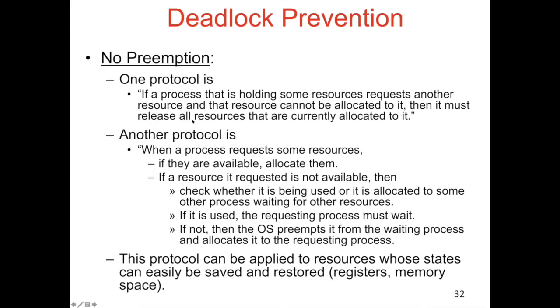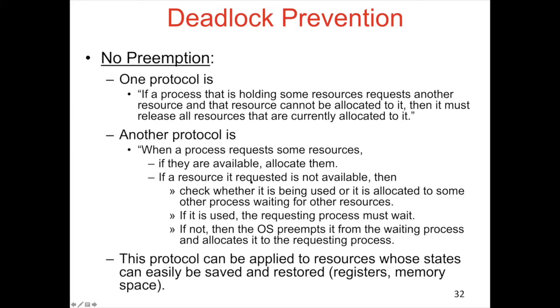Now let's consider no preemption. One protocol is: if a process that is holding some resources requests another resource and that resource cannot be allocated to it, then it must release all resources that are currently allocated to it. Another protocol is: when a process requests some resources, if they are available, allocate them.